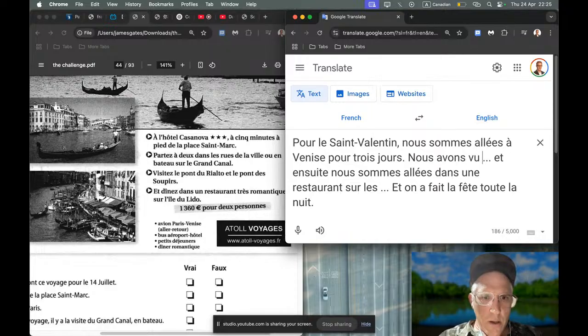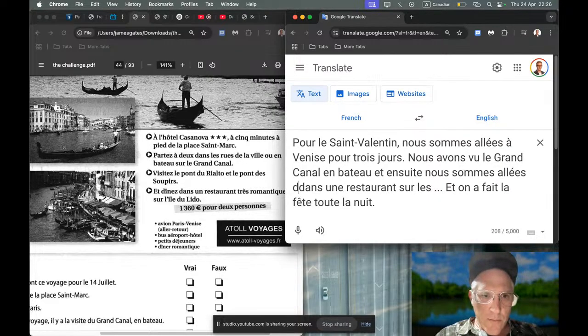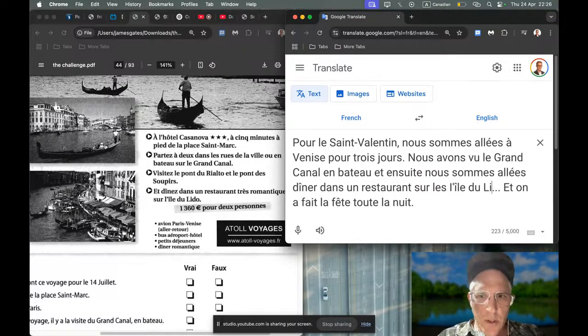Vu le grand canal en bateau et ensuite nous sommes allés dîner dans un restaurant sur l'île du Lido.